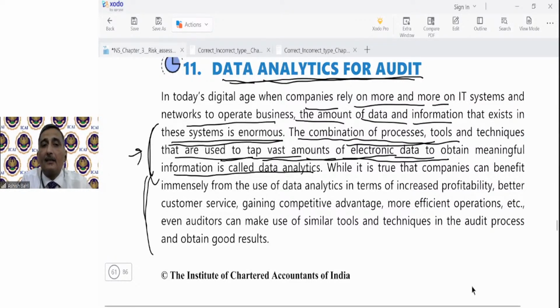Data analytics, remember, is not only useful for the companies, but it is useful also for the auditors.